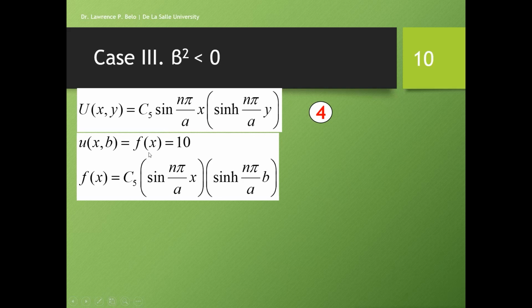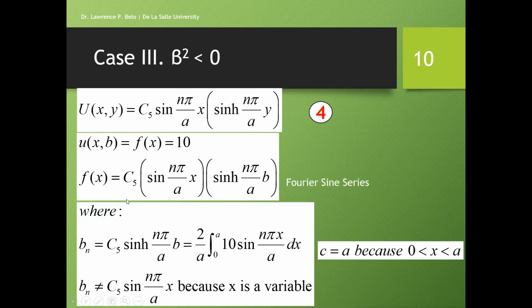We can apply another boundary condition. If this is equal to f of x, which is equal to 10, okay, this is what you call the Fourier sine series, guys. I will show you the Fourier sine series, but then I would want you to read on that on your own. So it becomes this. Pag sinabi nyo, sir, ang hirap sagutin, it might look difficult, ito, pero you will end up with this up to here.